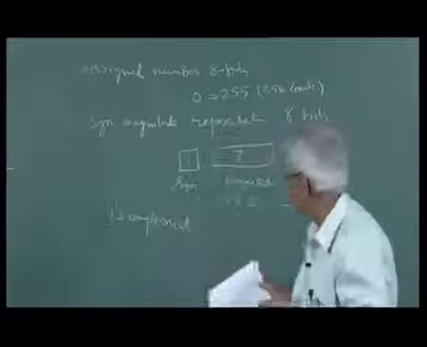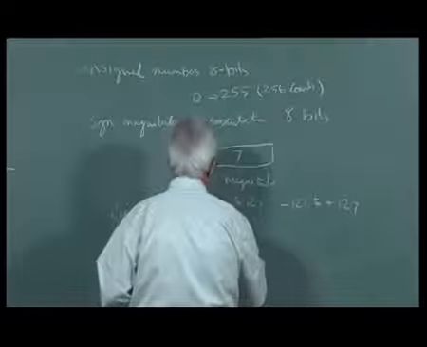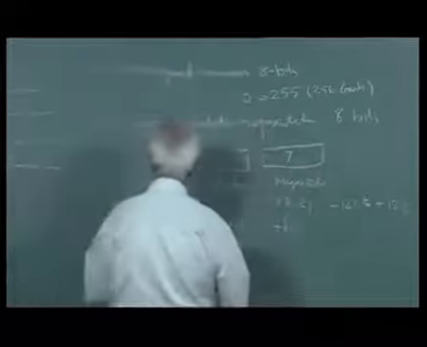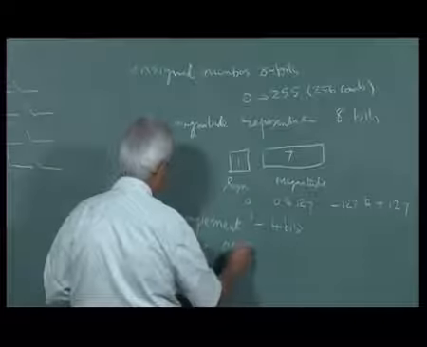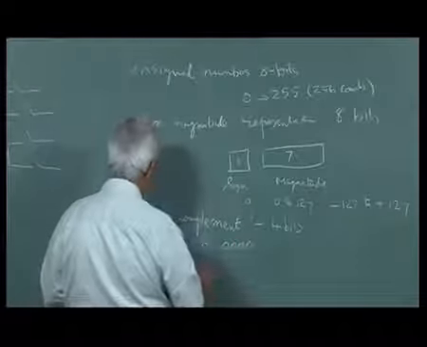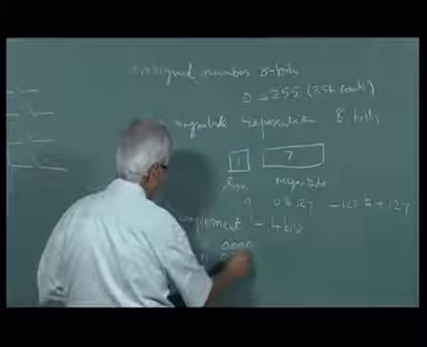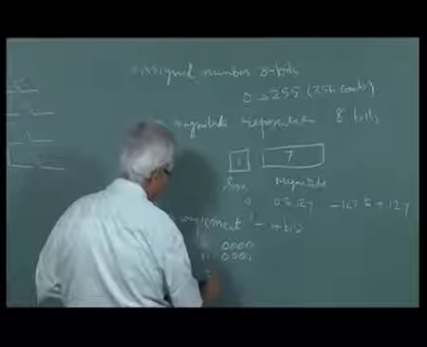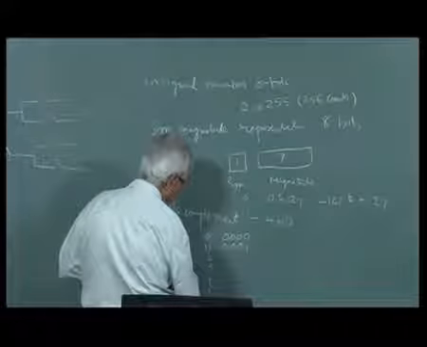4 bits to make it easy. I can have 0 as 0, 0, 0, 0, 4 bits, plus 1, 2, 3, 4, 5, 6, 7, we know all these numbers.